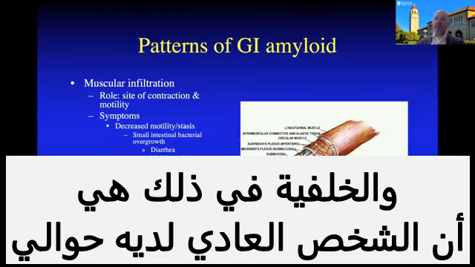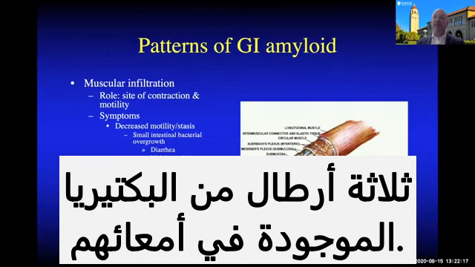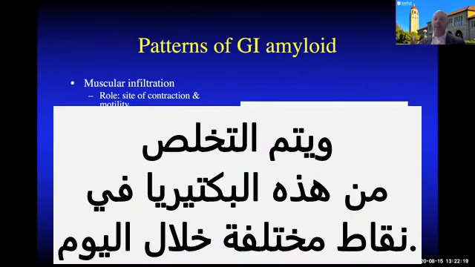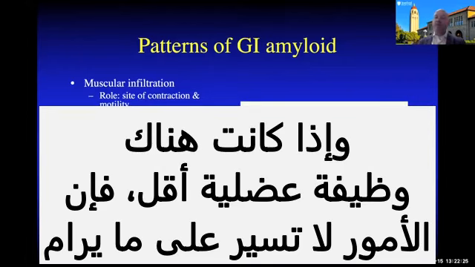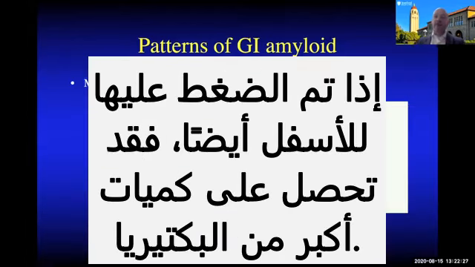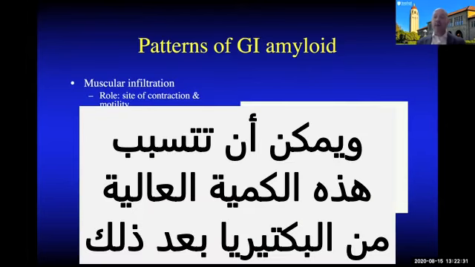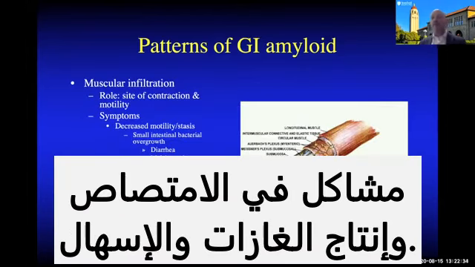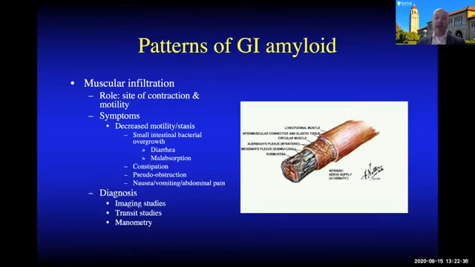And the background with that is that the average person has about 3 pounds of bacteria which are present within their gut. And that bacteria gets cleared out at various points during the day. And if there's less muscle function and things aren't getting pushed down as well, you can get higher amounts of bacteria. And that higher amount of bacteria can then cause problems with absorption and gas production and diarrhea.